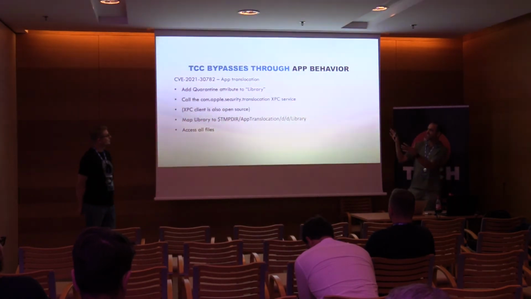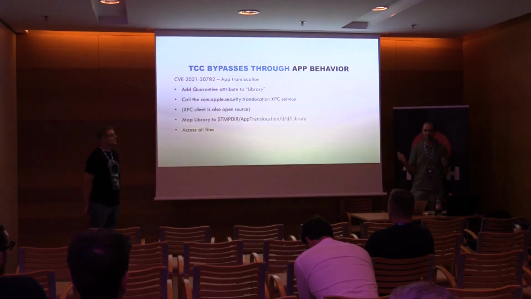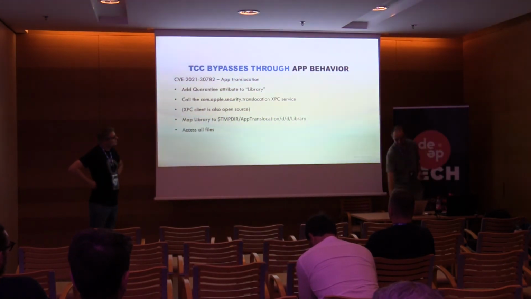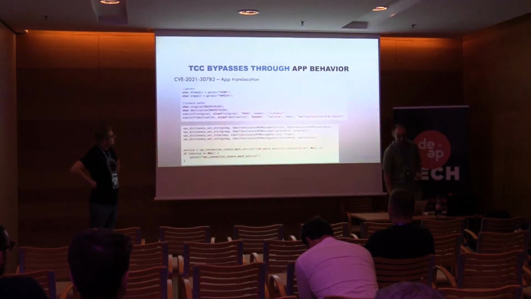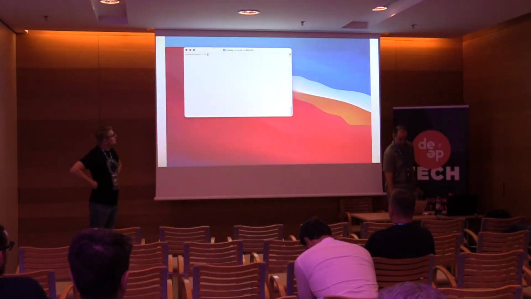And again, since this is a different location from the user home folder, it's not part of the privacy framework protection, or at least it wasn't. And you could access every file. And since the app translocation feature is open source, it was really easy to write an exploit for.